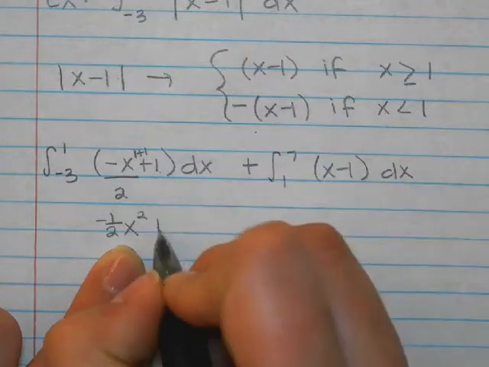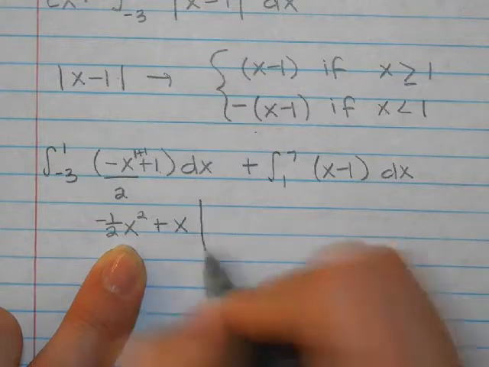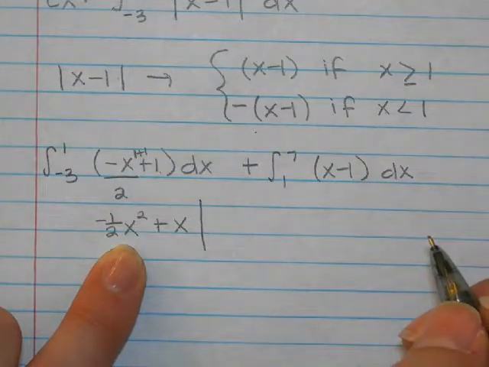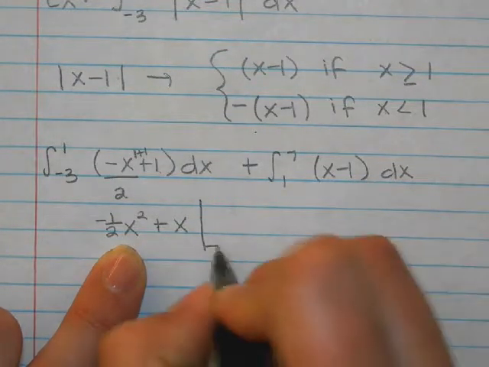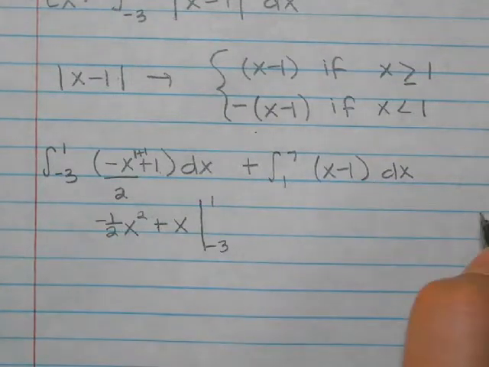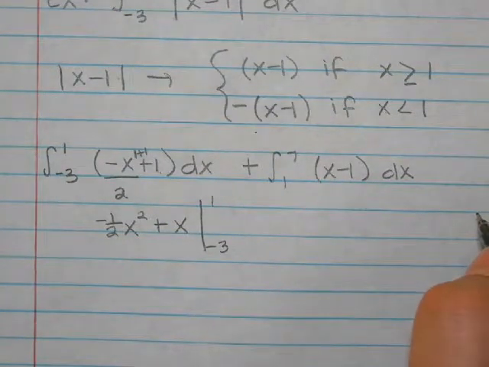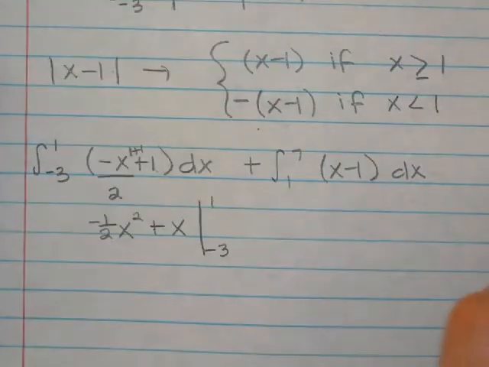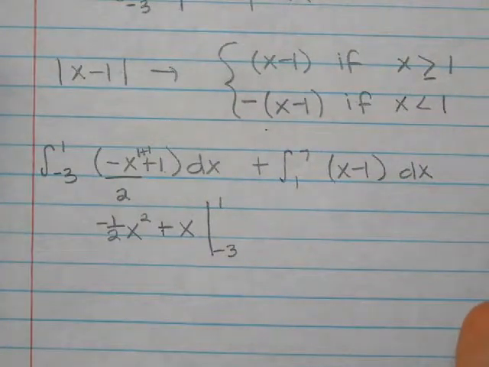We put an x on it. Okay? And that is being evaluated from -3 to 1. And in this situation, we do not put a plus c because we're working with definite integrals. So anytime we have definite integrals, we do not deal with the plus c.